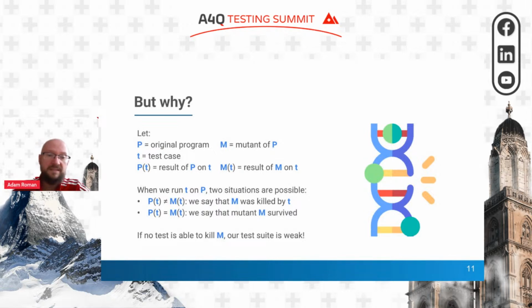How does it work? Let's say we have the original program P, and we have this mutant M, which is P slightly changed. We have some test case T, and by P(T) and M(T) we will denote the results of P or M on test T. So when we run our test T on the original program P, there are two possible situations.